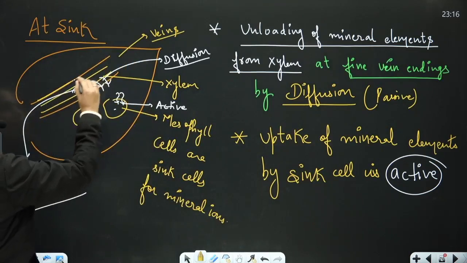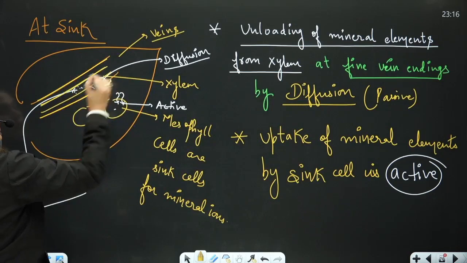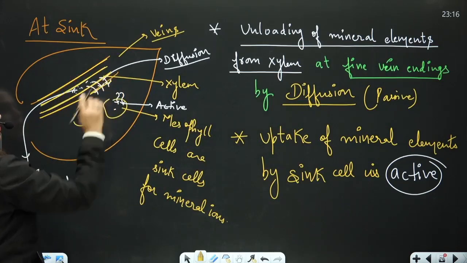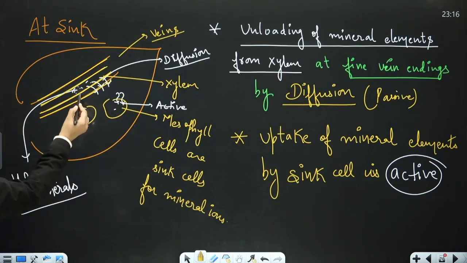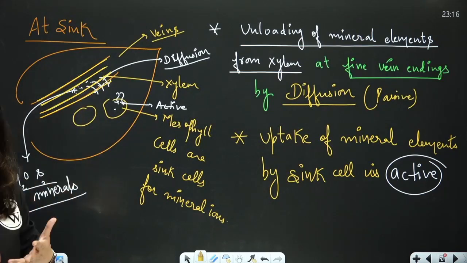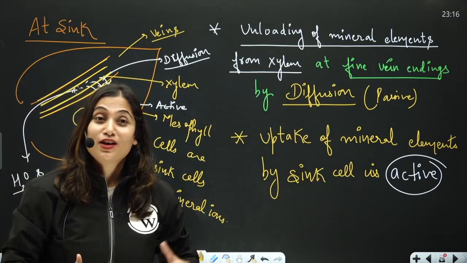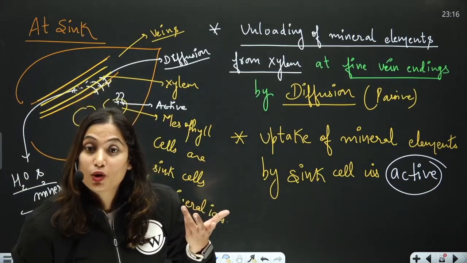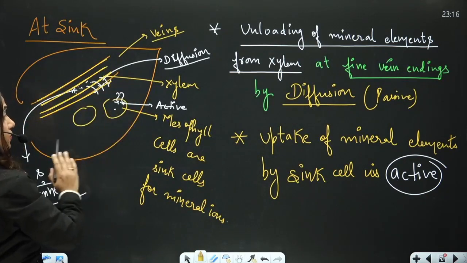These are the veins of the leaf, and this is the xylem, because wherever there is a vein, there is xylem or phloem. So this xylem is carrying the water and minerals from where? From the root, right? Now this leaf is the sink.